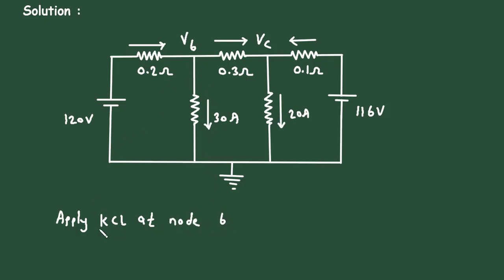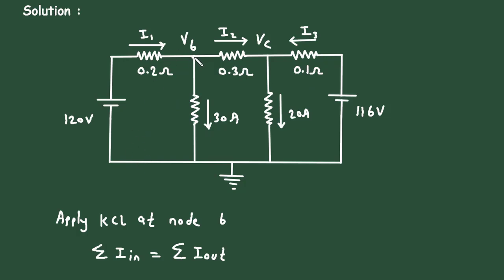Now according to KCL, summation of all the currents entering a node is equal to summation of all the currents leaving the node. Now here at this node, the entering current is this current, let's say I1, and this current is 30 ampere. Let's say this current is I2. This current is 20 ampere and let's say this current is I3.